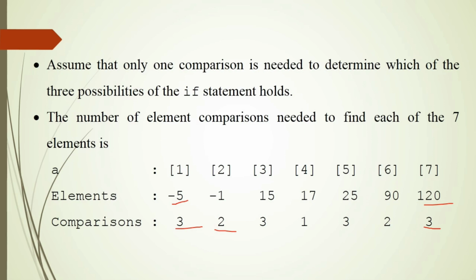We have already seen to find out the element 120 that we need to make 3 comparisons, after which we can declare that the element 120 was found. Similarly, if x was equal to minus 5, then after 3 comparisons we can say that the element minus 5 was found. Similarly, we have calculated for each of these cases.